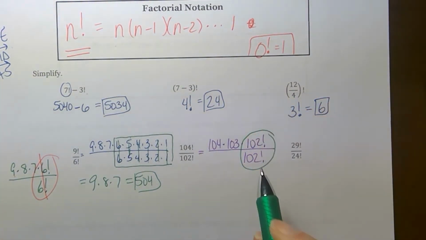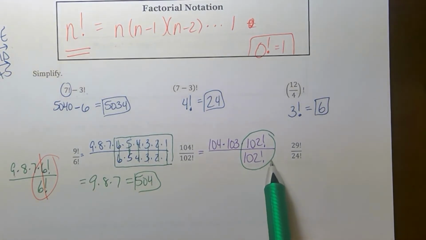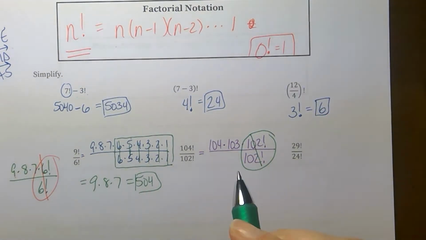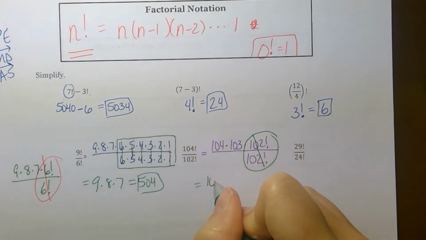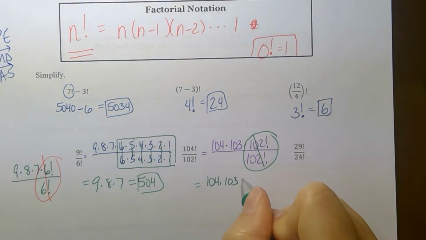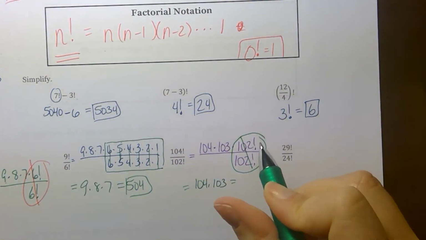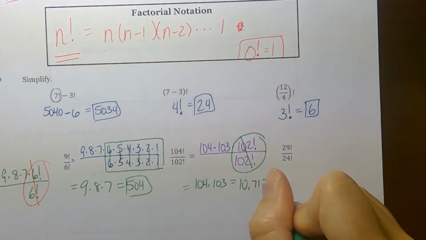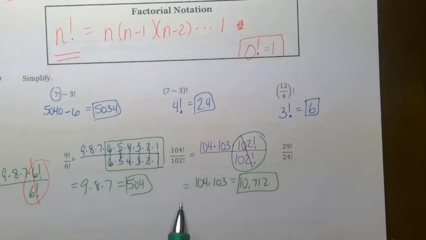Those match. That means everything from here on is going to cancel out and give me 1. All I'm actually left with is 104 times 103, and when I type that into my calculator, I get 10,712. That is how we simplify factorials.